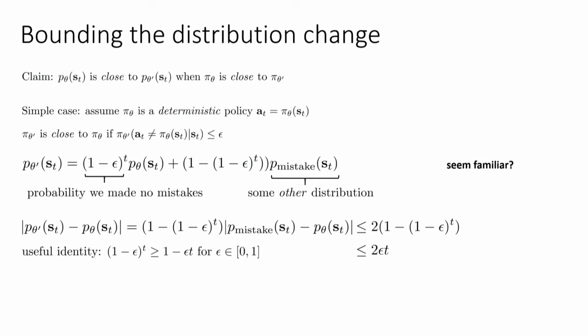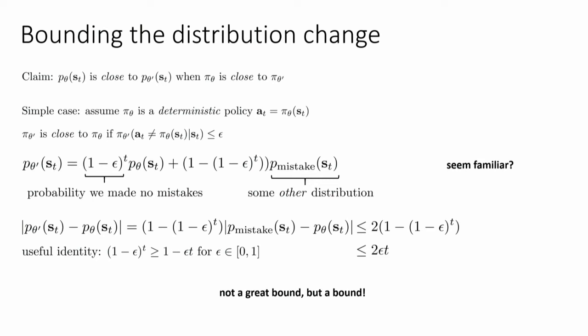We've arrived at the observation that the total variation divergence between the state marginals at time step t is at most 2 times t times epsilon, which is your probability of making a mistake. It's not a great bound because it gets bigger and bigger as epsilon gets bigger, but it's still a bound. And for a small enough epsilon, the state distributions will be close enough together.